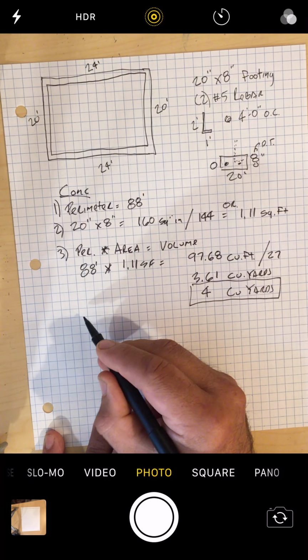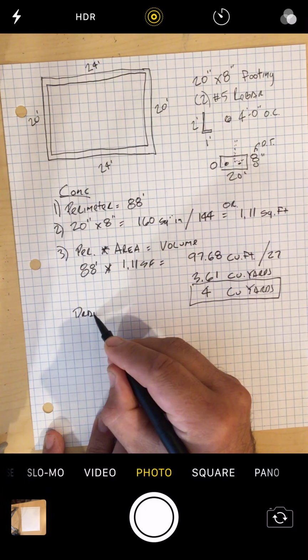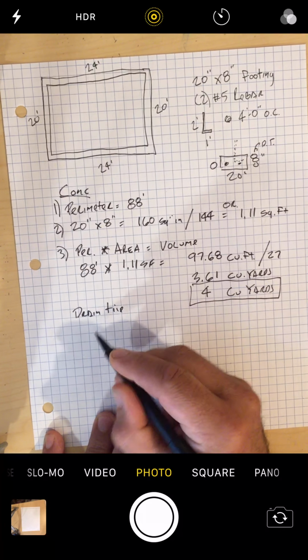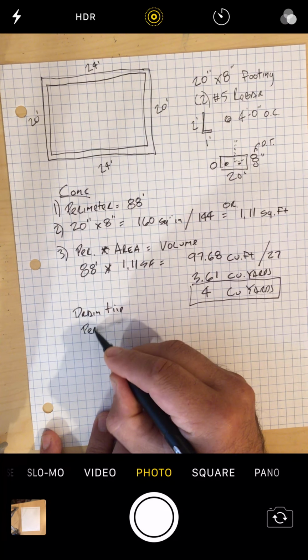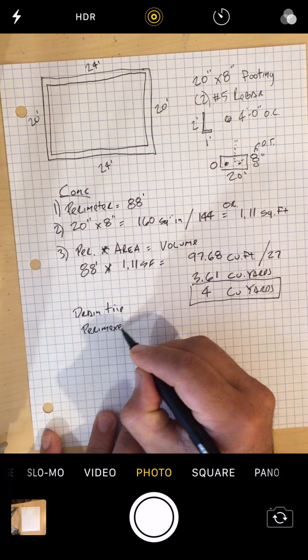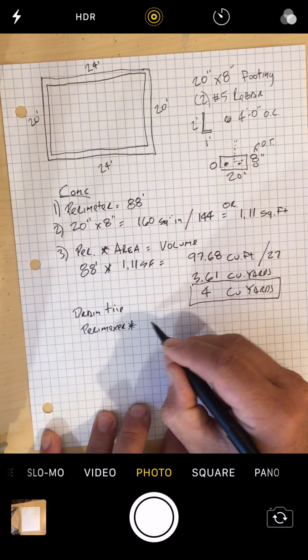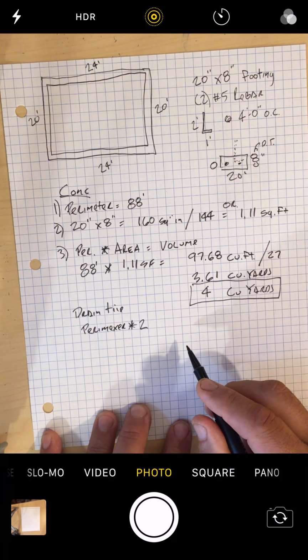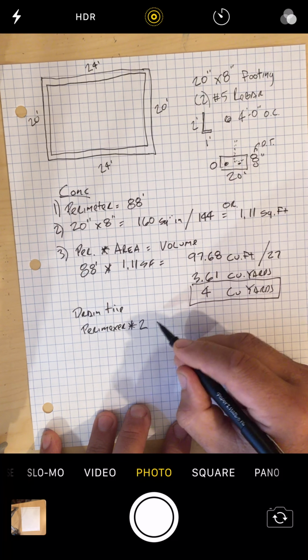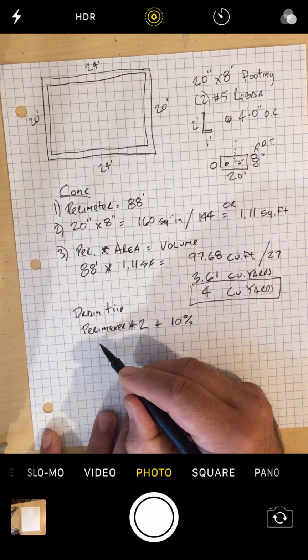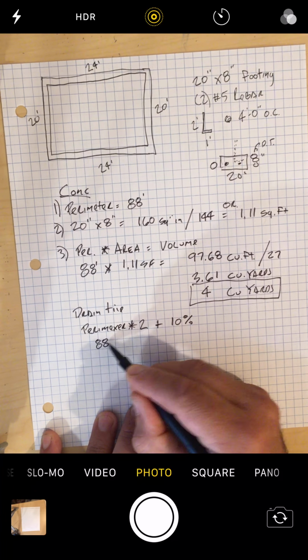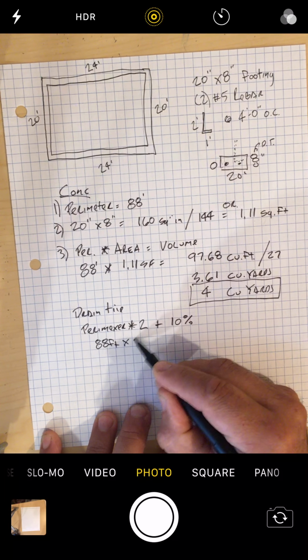Second thing we want to figure out is our drain tile. What we're going to do for our drain tile is our perimeter times 2, because there's drain tile on both sides. And then we're going to add 10% for overage. So in this case here, we've got 88 feet times 2.